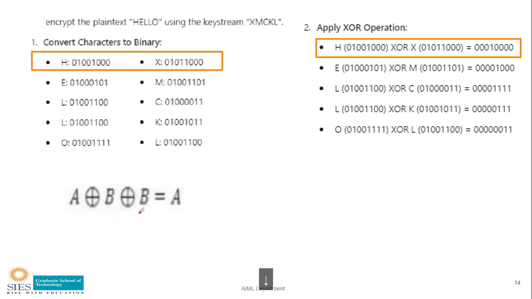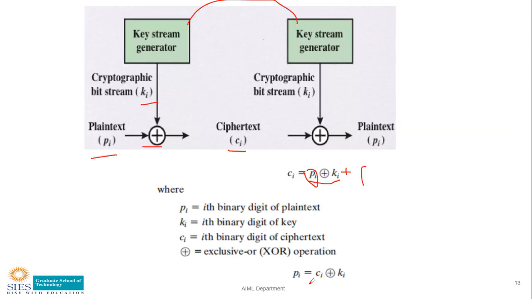That is, if A is your plain text and B is your key, plain text XOR key is the ciphertext, and when the ciphertext is XORed again with the key, we get our plain text. So this is the basic operation: Ci equals Pi XOR Ki, and XORing again with Ki gives the plain text Pi.